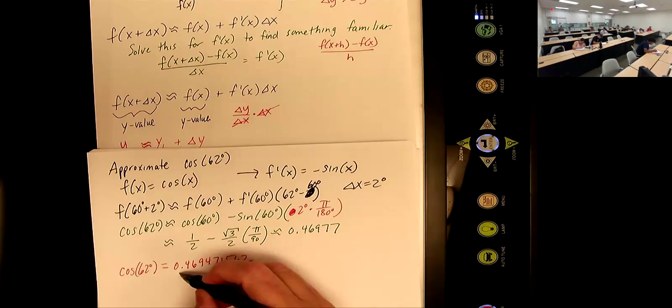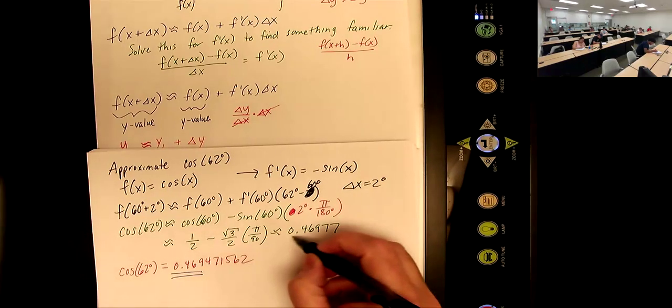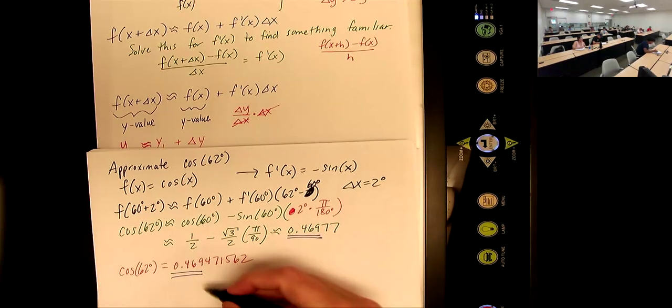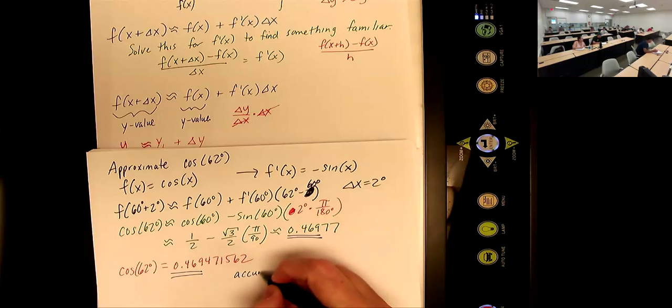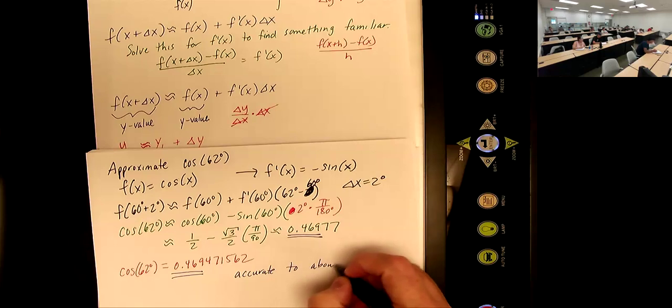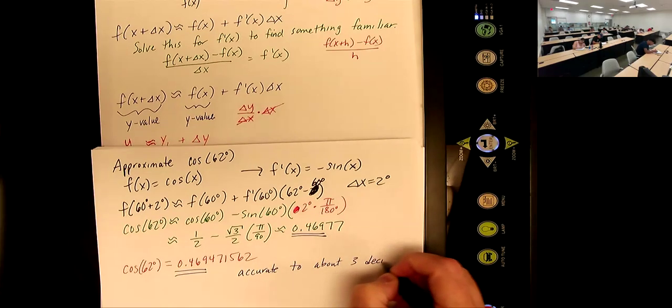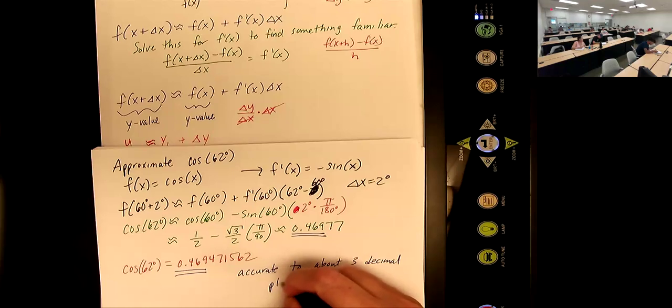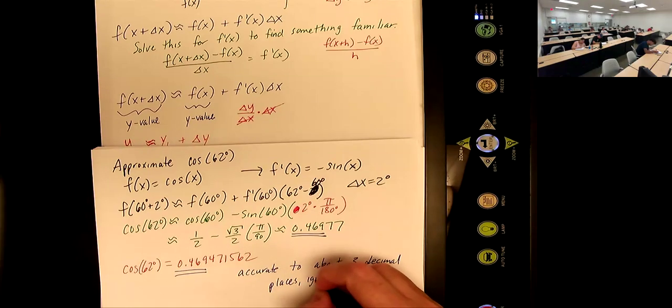So it's accurate to about 3 decimal places, ignoring rounding.